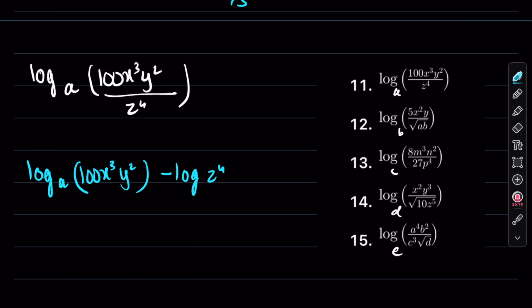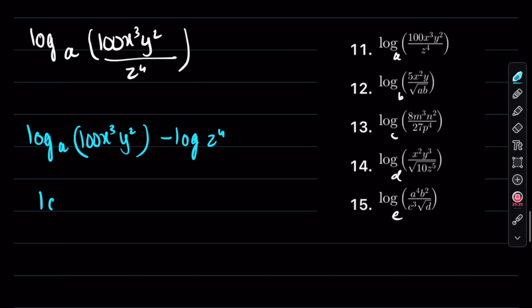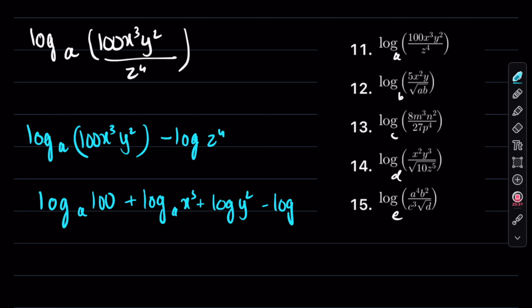Okay, so can this question be simplified further? Yes. I hate to break it to you, but this question will be simplified further. Log y square negative log z raised to the power of 4.